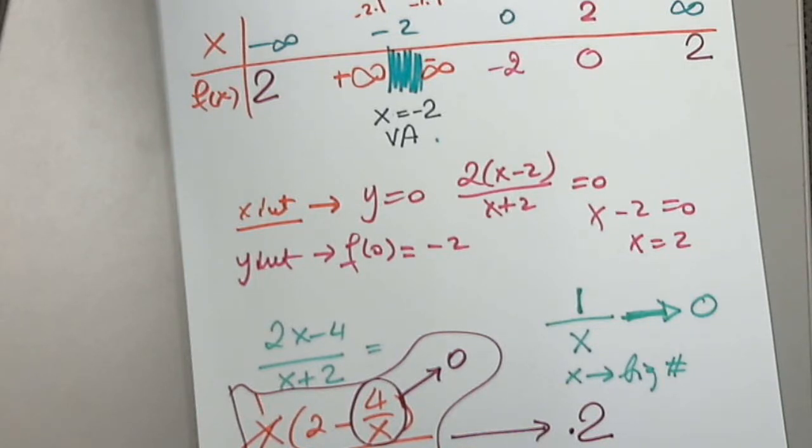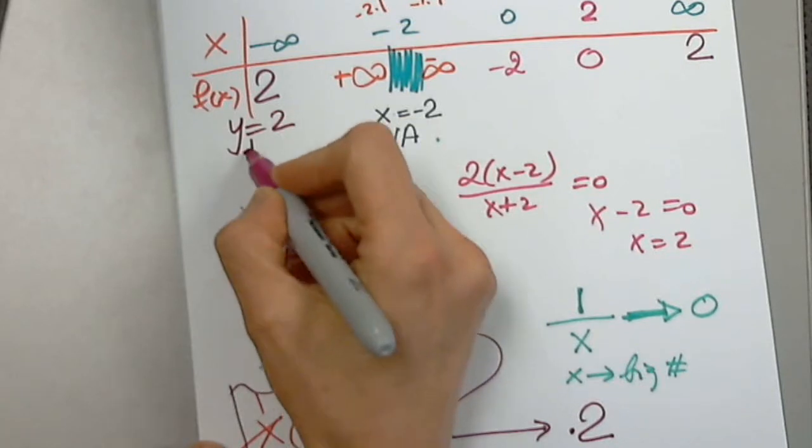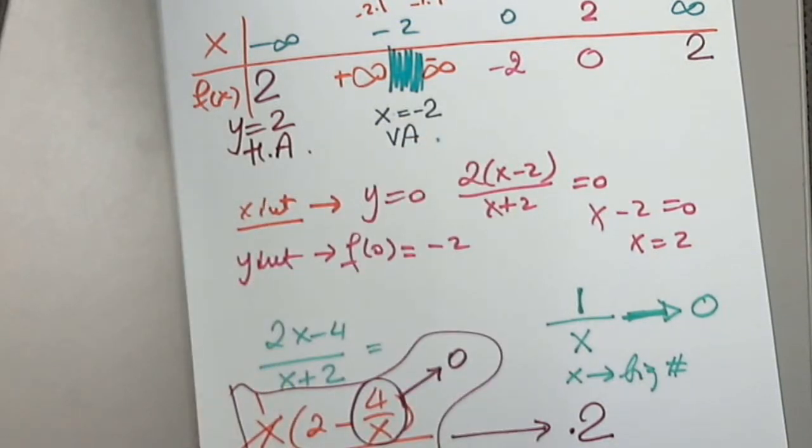On the other side, at positive infinity, the function will approach 2 as x approaches infinity. Either from above 2 or maybe from below 2. I don't know. We'll establish that in a minute. This line is called a horizontal asymptote because eventually the function approaches that number. So then y equals 2 is a horizontal asymptote.